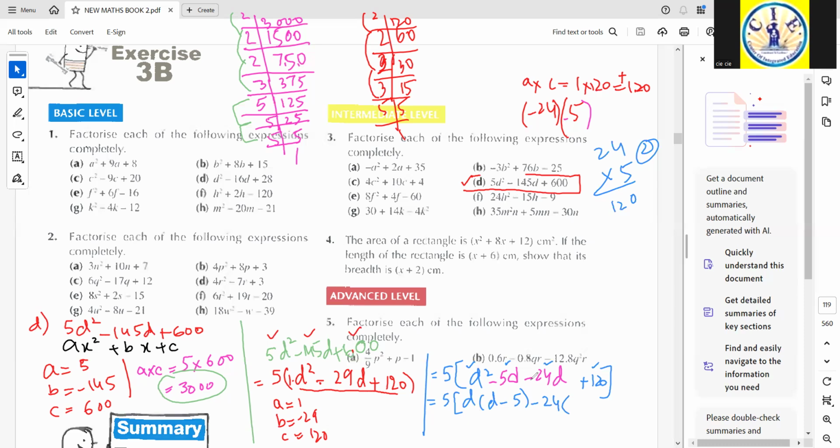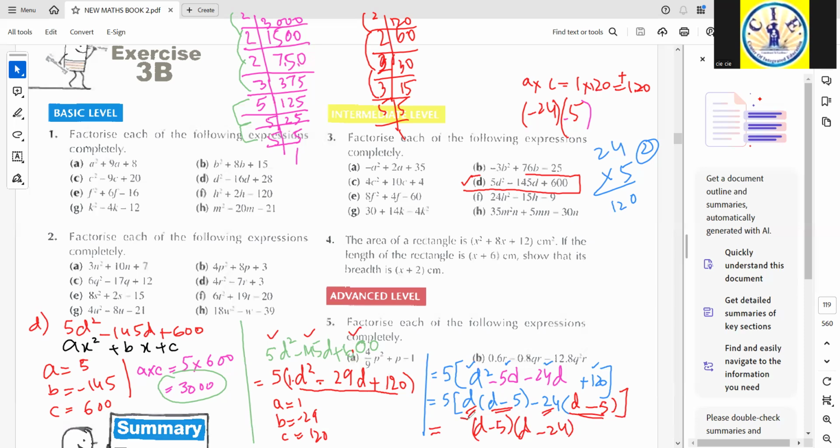So d can be taken common, and then minus 5. Again, you need to observe that d minus 5 is a common factor. So you can take d minus 5 common from this: this is d, and from this is negative 24.